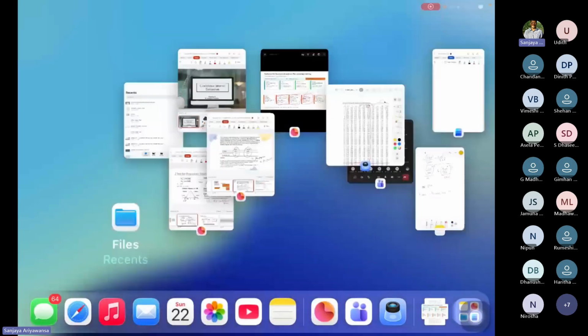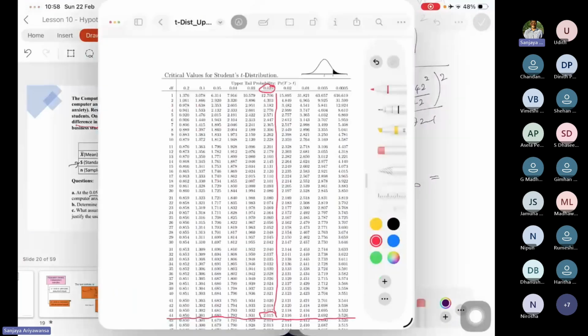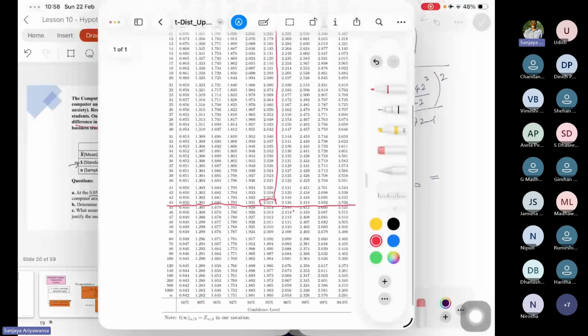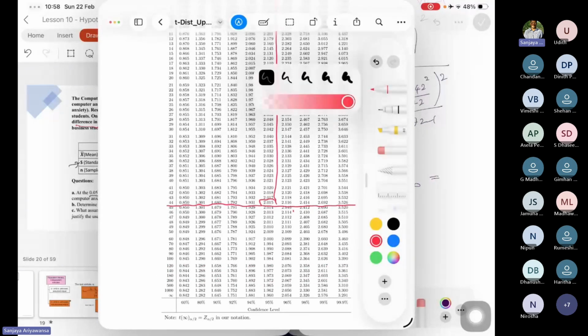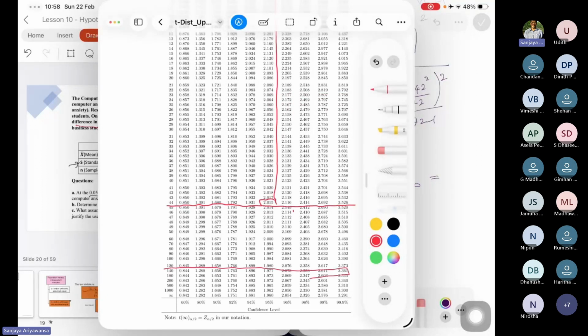Let's go to our t distribution table. You scroll down, 150 is not there, but 140 and 180 are both there. So within this range of 140 and 180 is what I'm looking at.